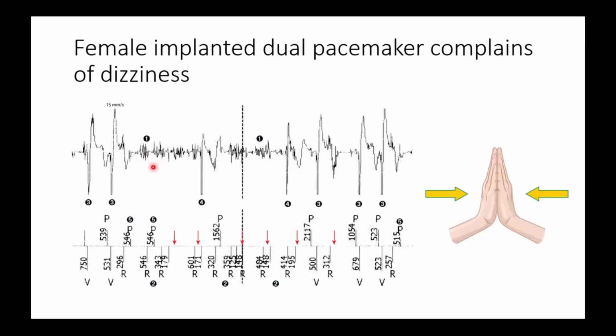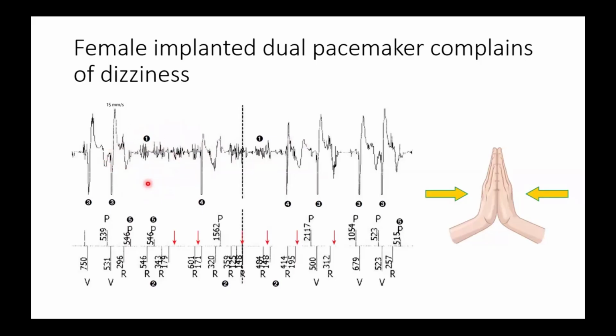So how can you overcome this problem, Rossasy, by programming? First, you should evaluate the sensing polarity. Here, the sensing polarity was unipolar, so we program it to bipolar, and the problem is solved.